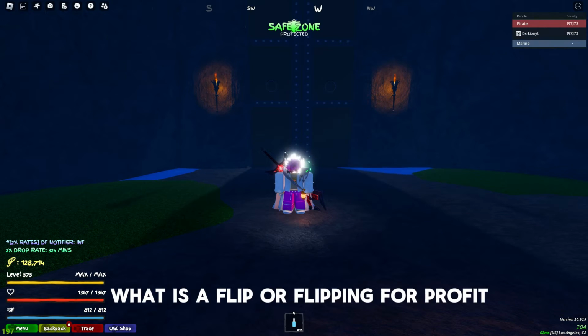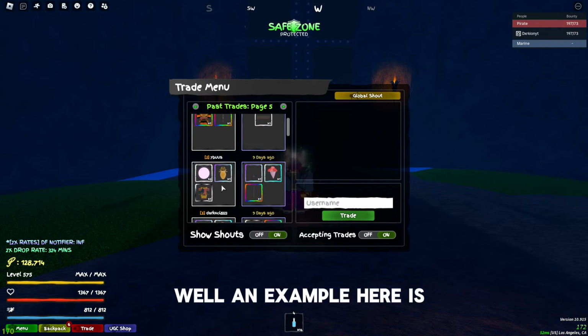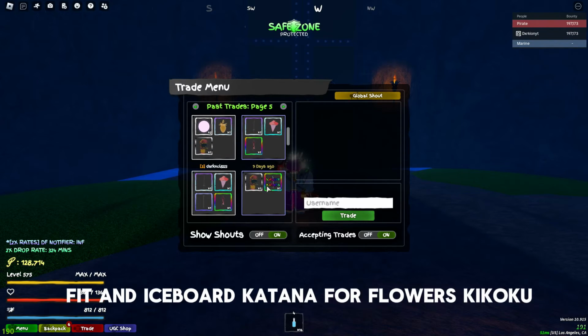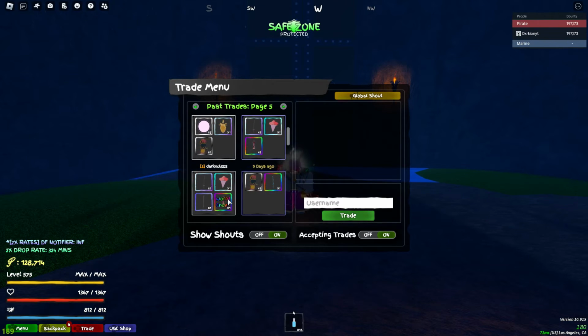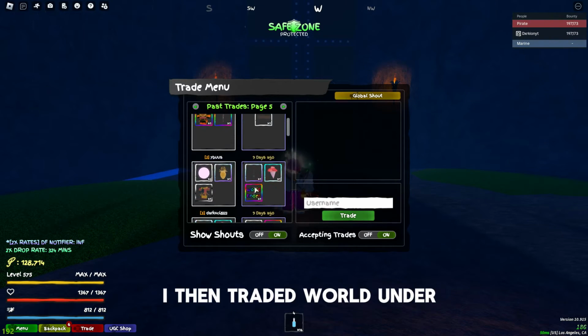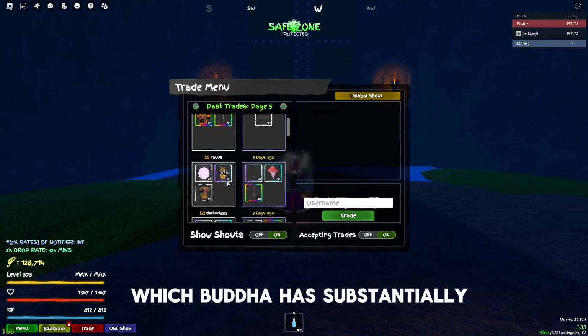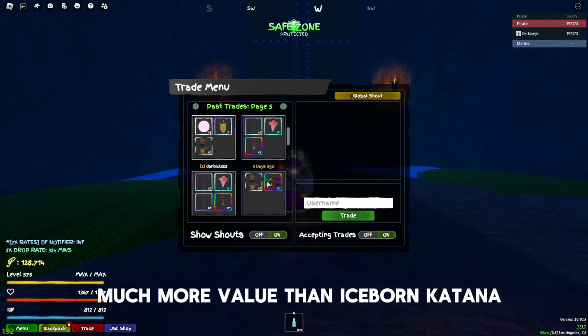What is a flip, or flipping for profit? Well, an example here is you can see I traded Jesterfit and Iceborne Katana for Flowers, Kikoku, World Ender, and this. I then traded World Ender, Kikoku, and Flowers for Buddha and Jesterfit, which Buddha has substantially much more value than Iceborne Katana.